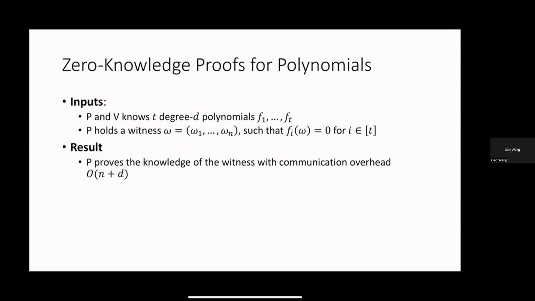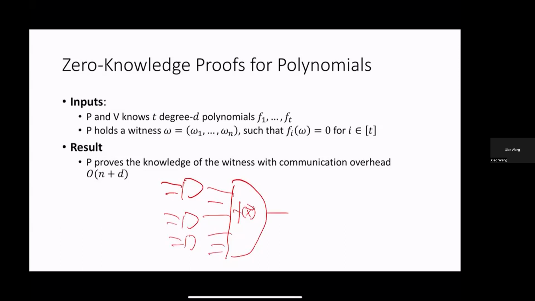What it means is that in the circuit there could be some binary gates, but there could also be a larger gate that computes a polynomial on the input. The input is a vector, and it computes a polynomial on top of the input and outputs something. When we encounter this type of polynomial, we will not break it further into gates.